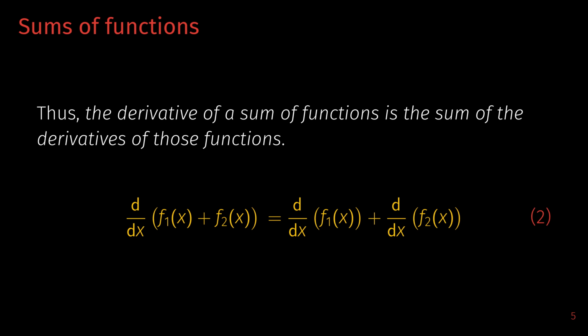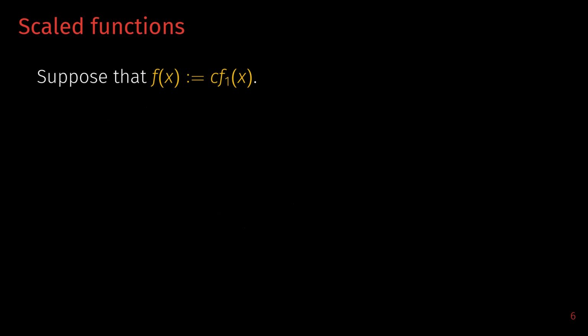Another interesting thing to look at is what happens when we multiply a function by a constant. What happens when we scale a function? If we have something like this, where f of x is defined to be c times f1 of x, we can check this again.